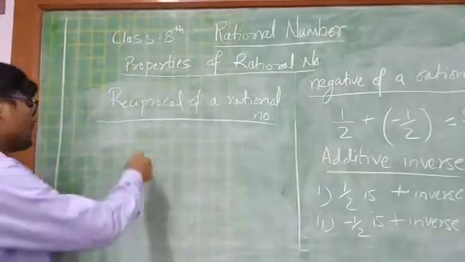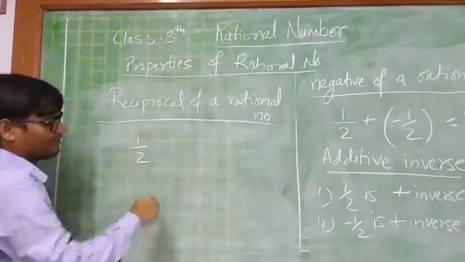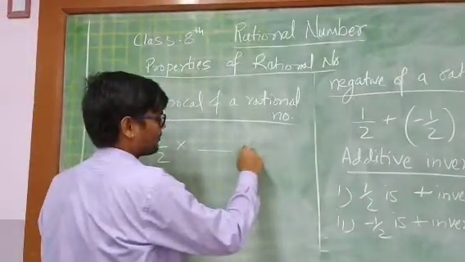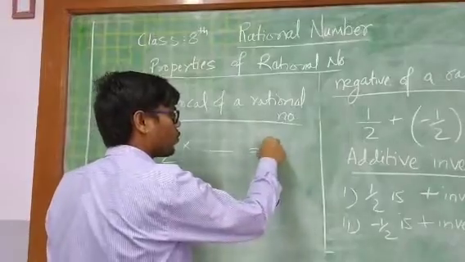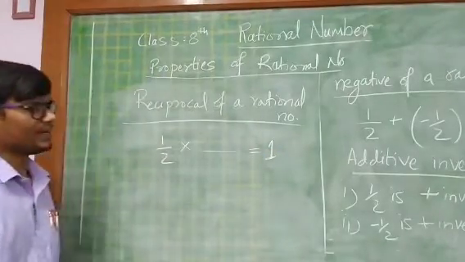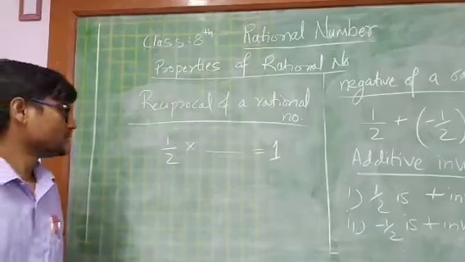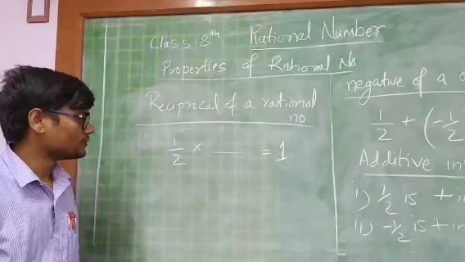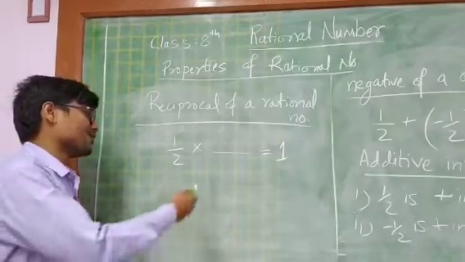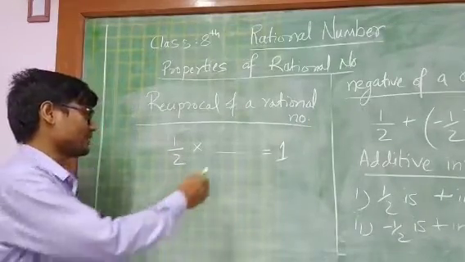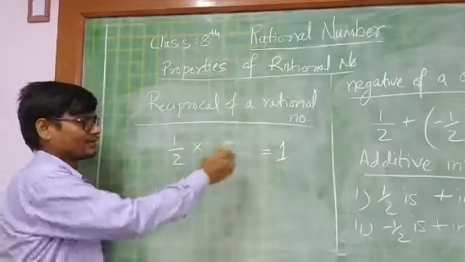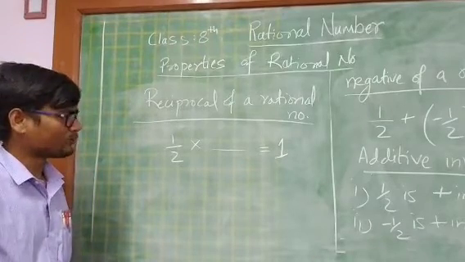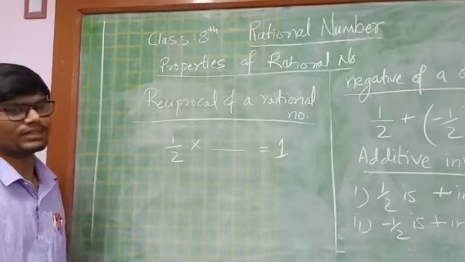We can take 1 by 2 and multiply it with a rational number such that we get 1, the multiplicative identity. Do we have such rational numbers? Yes. Such rational numbers which, when multiplied with a given rational number, give 1 are called reciprocals or multiplicative inverses.